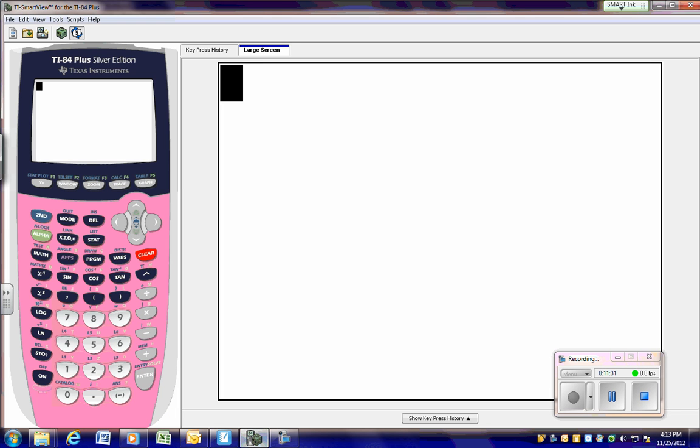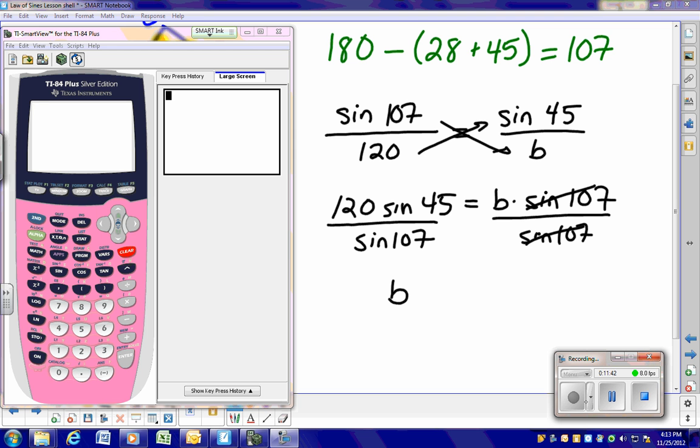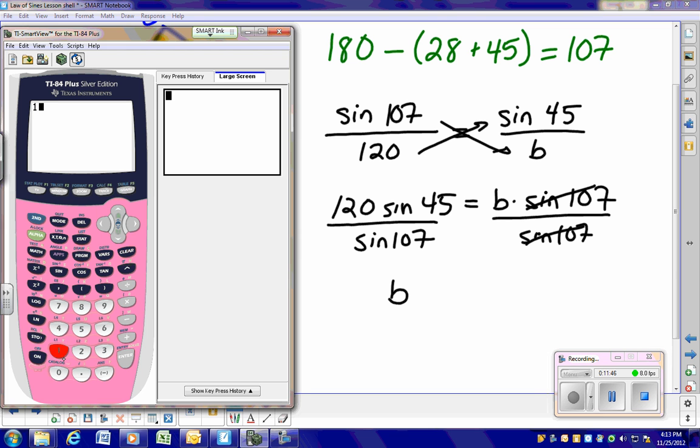So let's see if I can make this a little bit smaller. Hold on a second, I'll see if I can do this. Okay, there it is, that's what I wanted to do. So I'm going to take 120 times the sine of 45, and then I'm going to divide by the sine of 107.